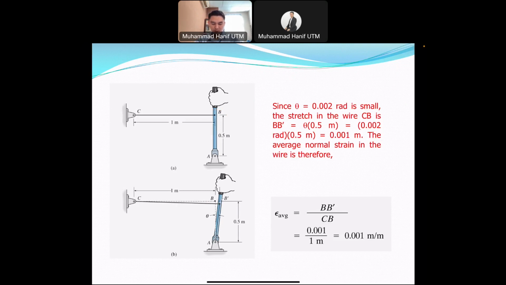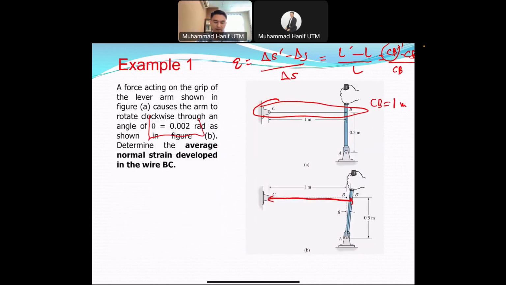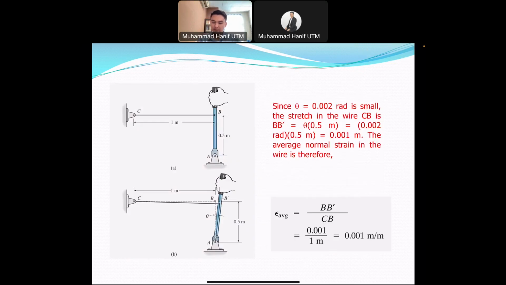Basically the angle is given there. You can see from the question the angle is delta theta equal to 0.002 radian. If you convert this 0.002 radian into degrees, you will get 0.1146 degree, showing that this value is very low.